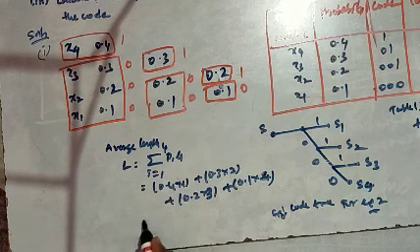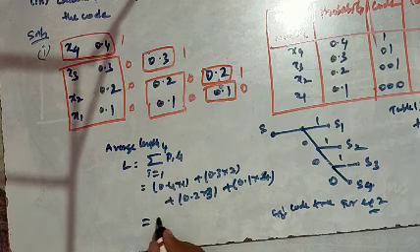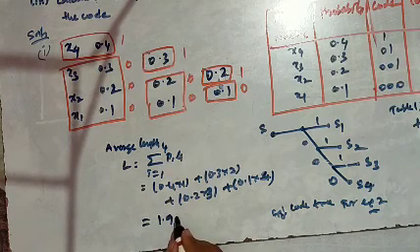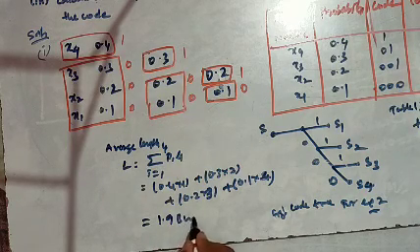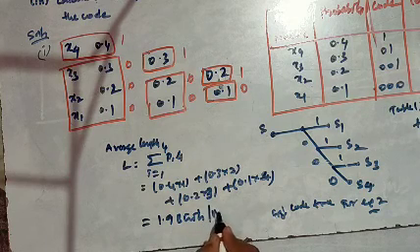On solving this, we get an average length of 1.9 bits per message symbol.